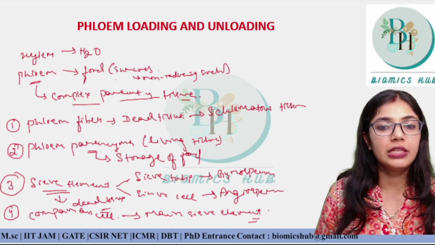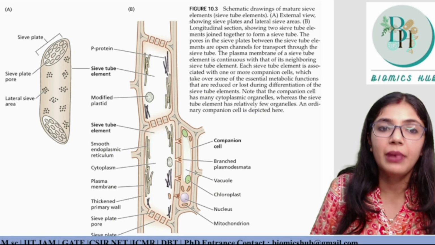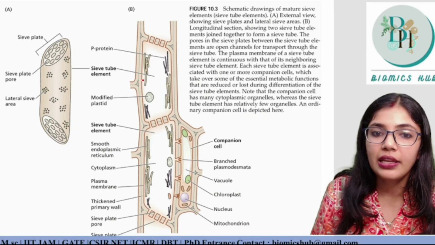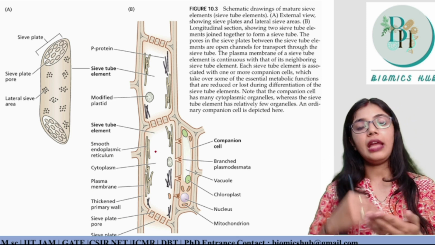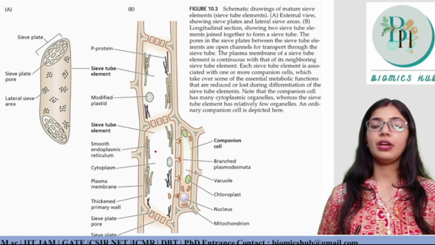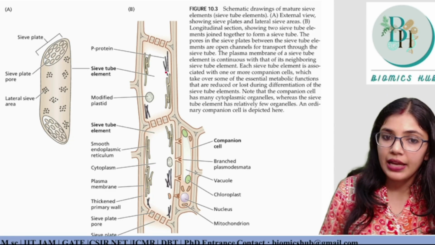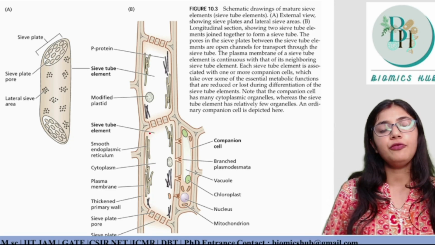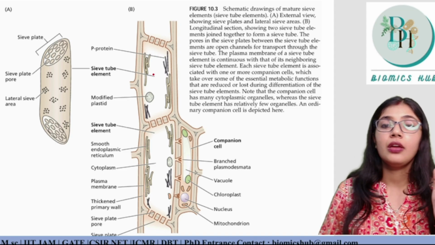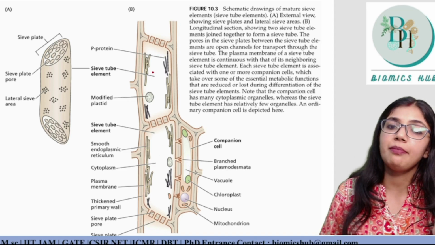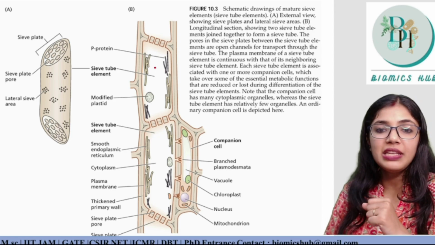Here we can see the different parts, like these sieve tubes. The sieve cells are arranged continuously in a cylindrical shape, forming a sieve tube through which the phloem is transferred. This can be transferred by the apoplast or symplast manner.